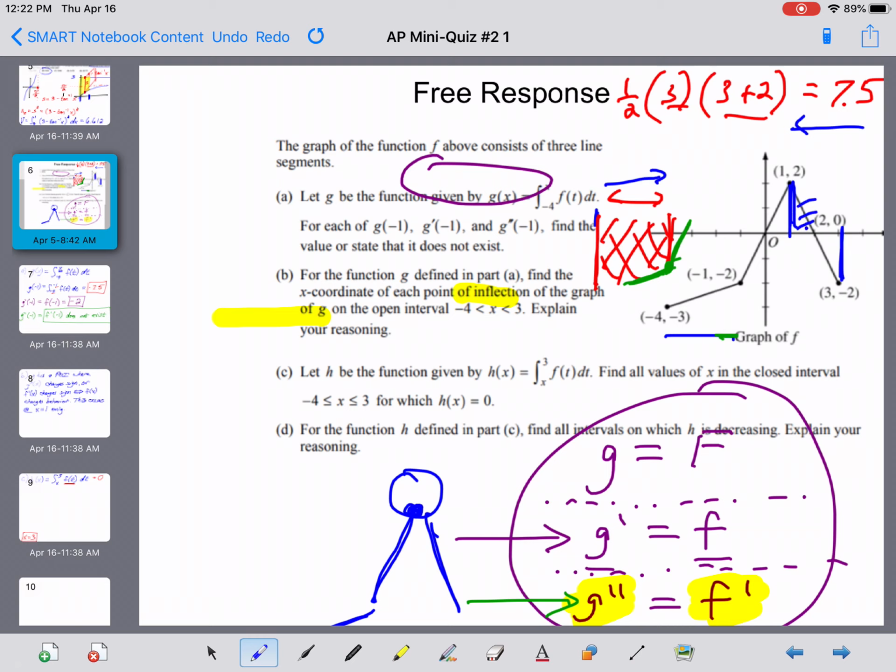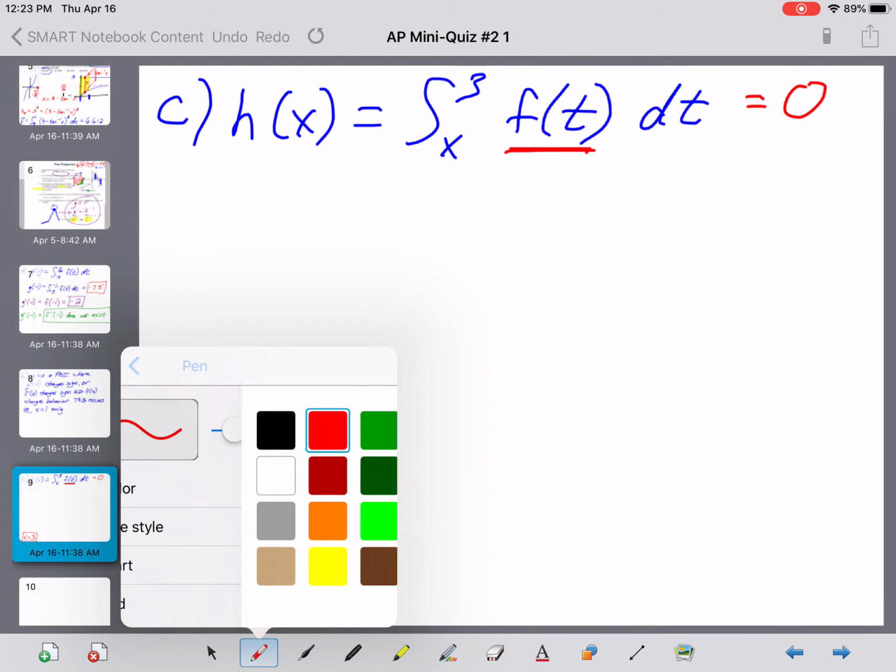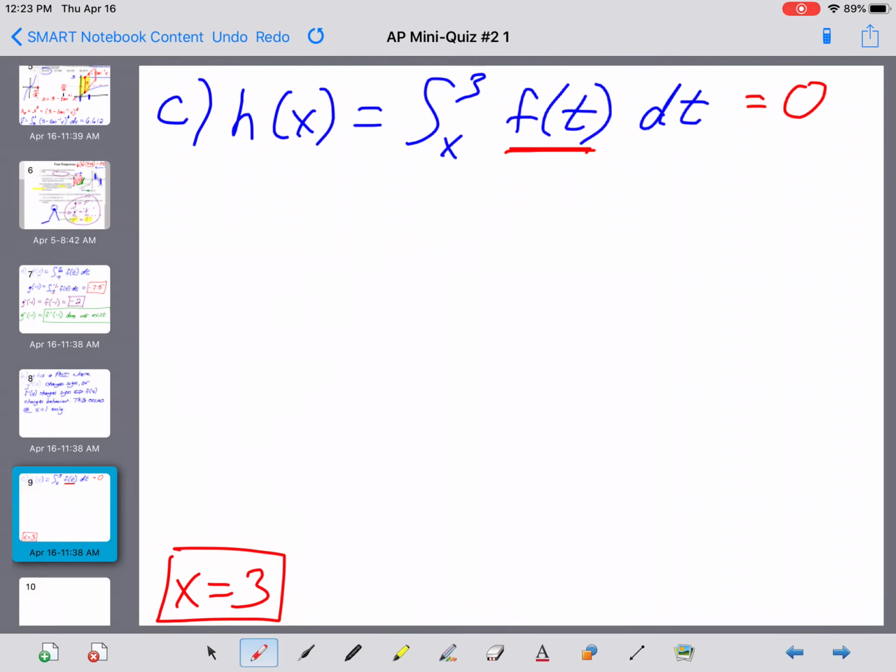At that spot, we've got a triangular region above and a congruent triangular region below. So that integral here from 1 to 3, or backwards from 3 to 1, that one's going to equal 0 as well. And because we're trying to get this to equal 0, it doesn't matter actually what order we're doing it in. So that's going to happen again at x equals 1.